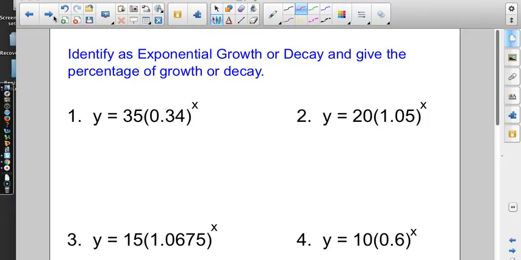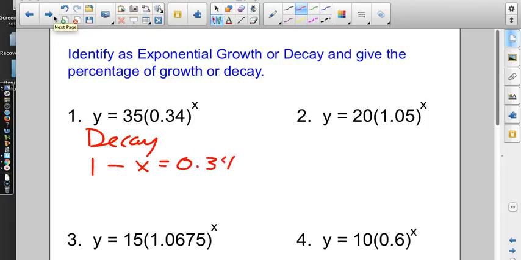Take a look at number 1. Is that one going to be growth or decay? Definitely going to be decay. That is a fraction. 34/100ths is a fraction between 0 and 1. But their question isn't what's 0.34 and all that. It's, well, what was the percentage? So this came from something, I should say 100% minus something gave us 0.34.